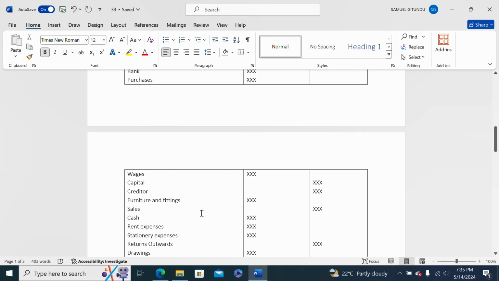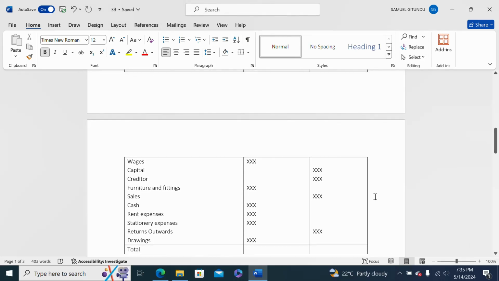You have cash, an asset, it's recorded on the debit side. You have stationery expenses, they are recorded on the debit side. You have returns outward, they are recorded on the credit side. And then you have drawings, they are recorded on the debit side.